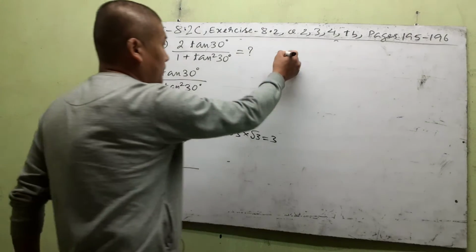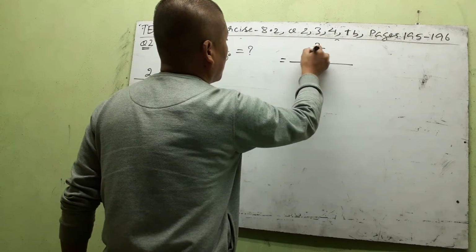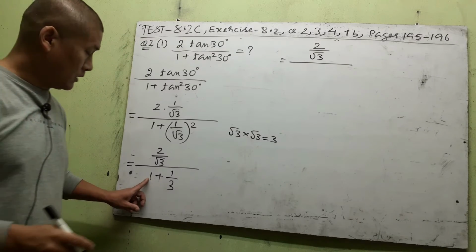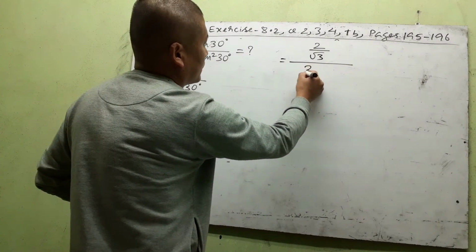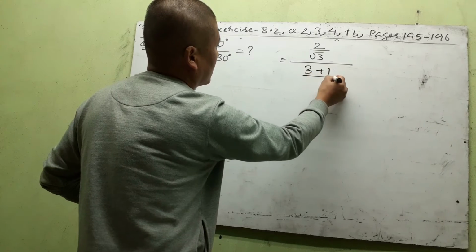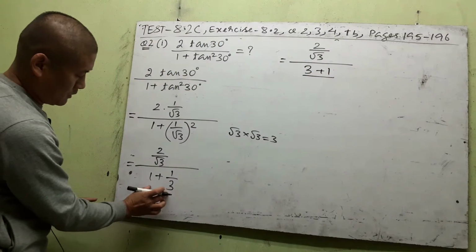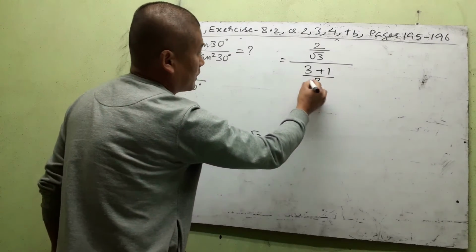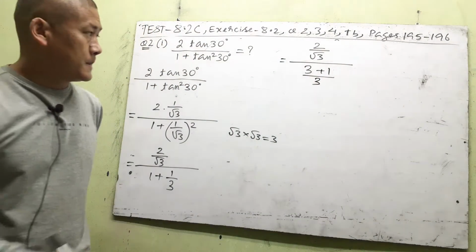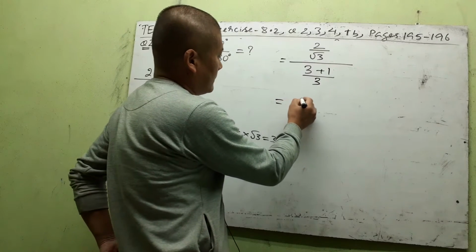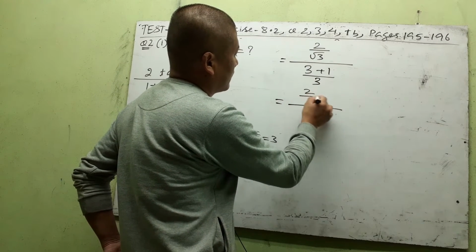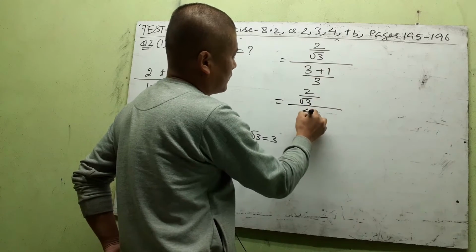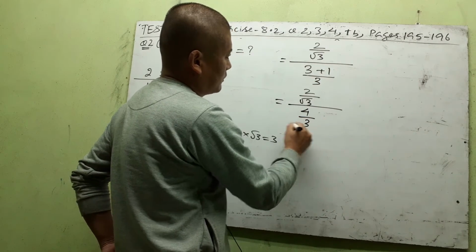The next step, 2 by root 3, and we can multiply like this. 3 ones are 3, so plus 1. 3 multiplied to 1 and add to 1. 3 plus 1 divided by LCM is 3. Okay, so here again 2 by root 3 for this, and 3 plus 1 is 4. Down here is 3.